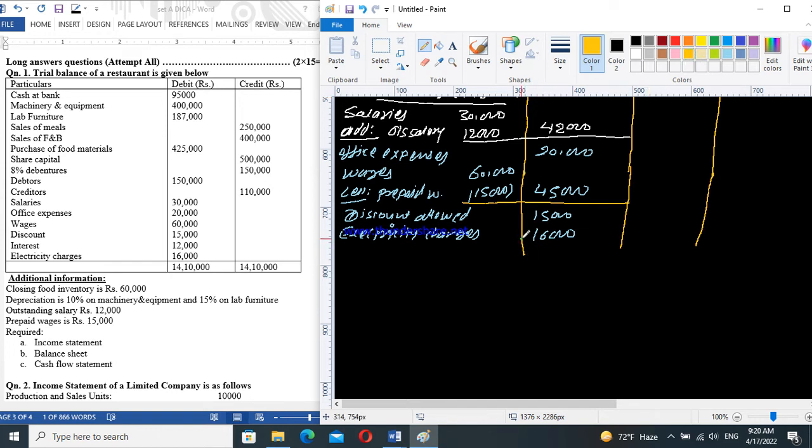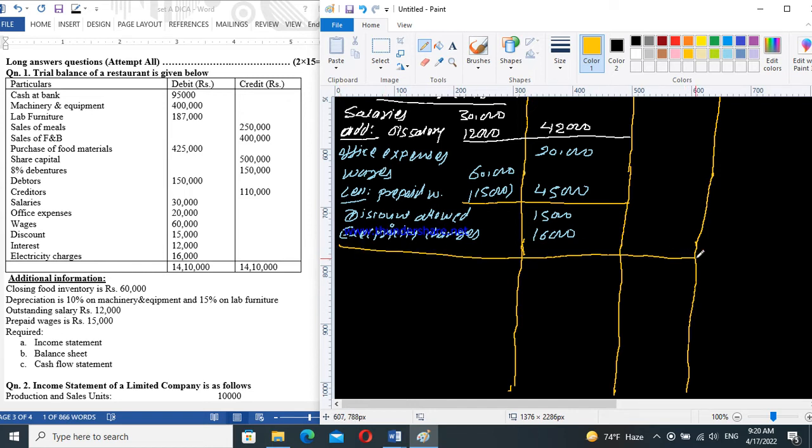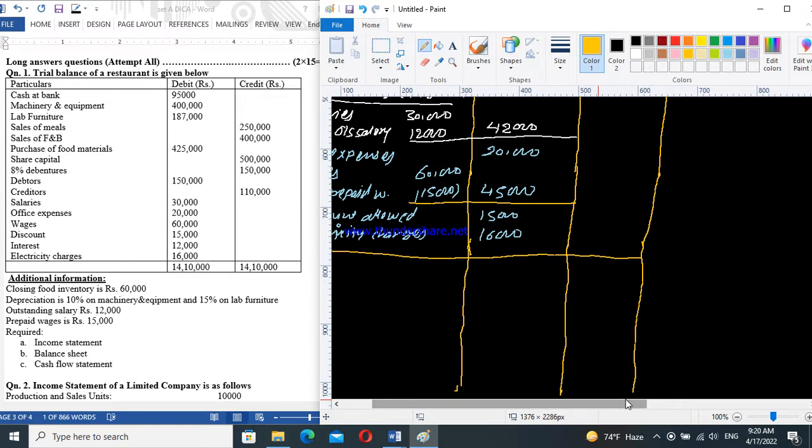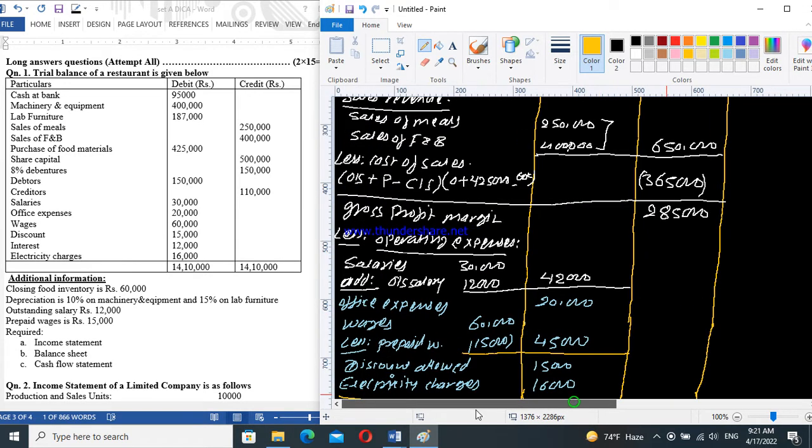Now, income before fixed charges. All the expense information is added over here. Firstly, add the given information: 42,000 plus 20,000 plus 45 plus 15 plus 16.